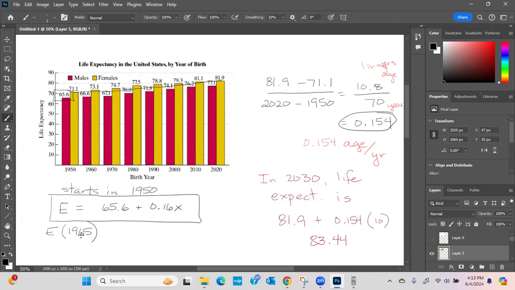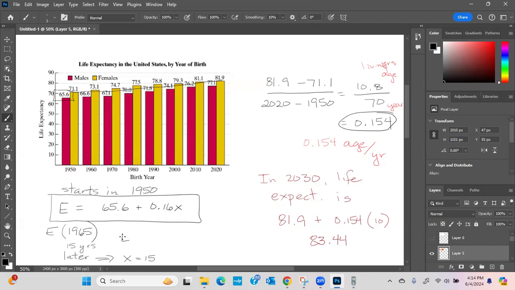So in 1965, that's 15 years later. So the X will equal 15. Because this equation, this mathematical model, started in 1950, and we are looking at a time 15 years later.